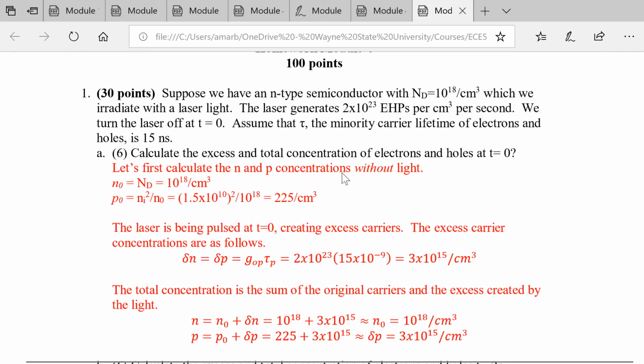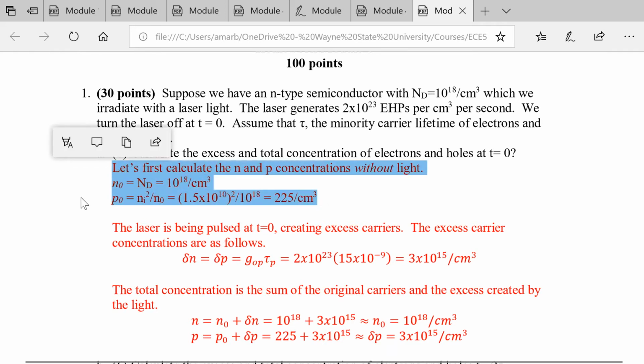All right. So this number that was given to you, 2 times 10 to the 23rd electron hole pairs per centimeter cubed per second, that is the G_OP. That's the carrier generation rate that you're given in this equation. I skipped over this, but this should be straightforward by now.